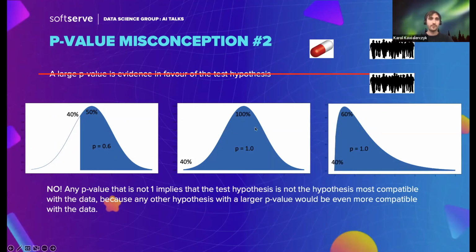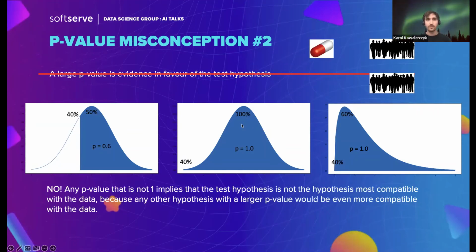So for example, if you do a one-tailed p-test that our drug works 100% better in some way, then 40% would be here. Of course, this example maybe is not the best, because who would use the one-tailed p-value and test 100% here? But it's just to show you that you cannot trust just the p-value.